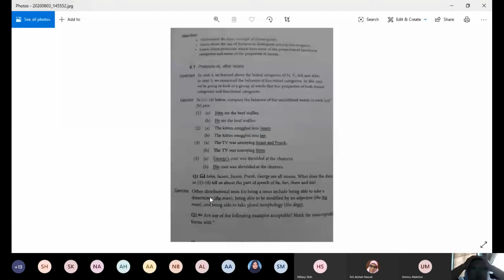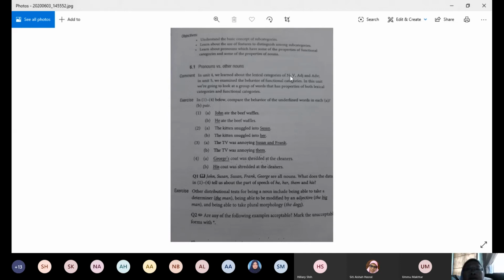So let's look some more to pronouns versus other nouns. Actually pronouns and other nouns sometimes are considered as nouns. Yeah? But according to Kani, the author of this book, there is a difference between pronouns and other nouns.